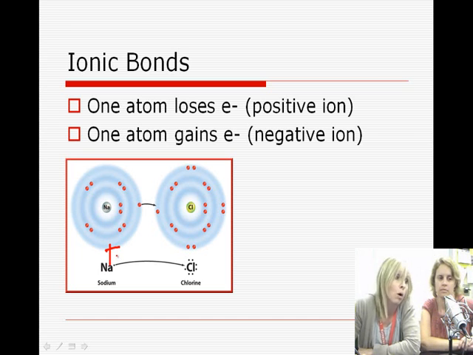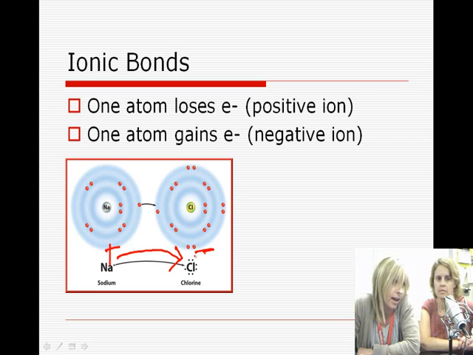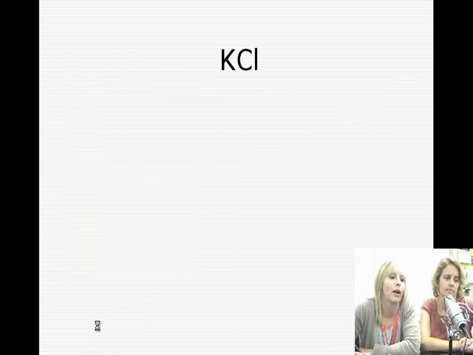Now, when the other atom gains the electron, it's going to have more negative charges, so it is now a negative ion. And remember, that term ion just means that it has a charge. It can either be a positive ion or a negative ion. It's no longer neutral.